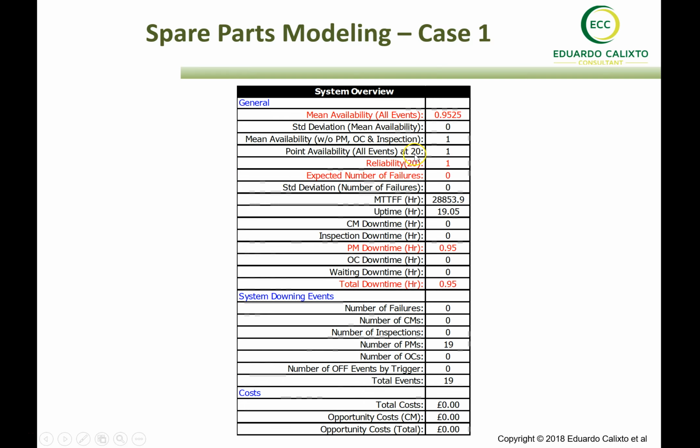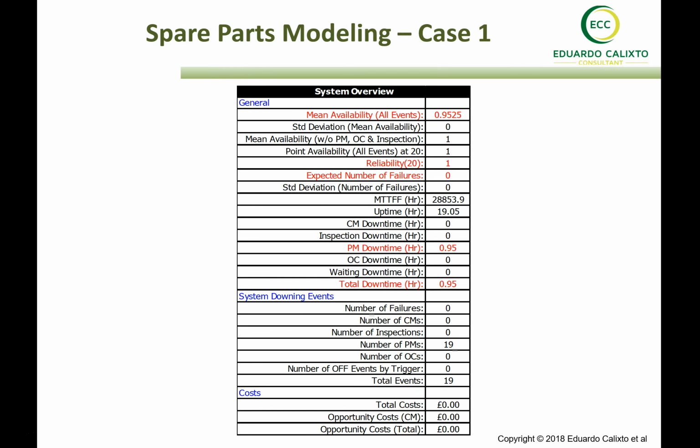Since I'm modeling and running the simulation, I can see that it is based on full spare parts in stock. That means for each component I have the necessary number of spare parts for the whole life cycle.